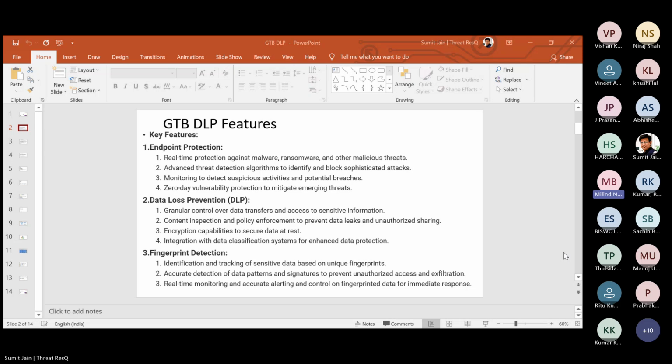RBI also has come up with its own norms, right? So there are various norms countrywide. Also, the norms will change a little, but ultimately the goal is that whichever data is classified as sensitive data needs to be prevented from leakage, right? And there comes the DLP function, where DLP's job is to prevent such leakage of data.